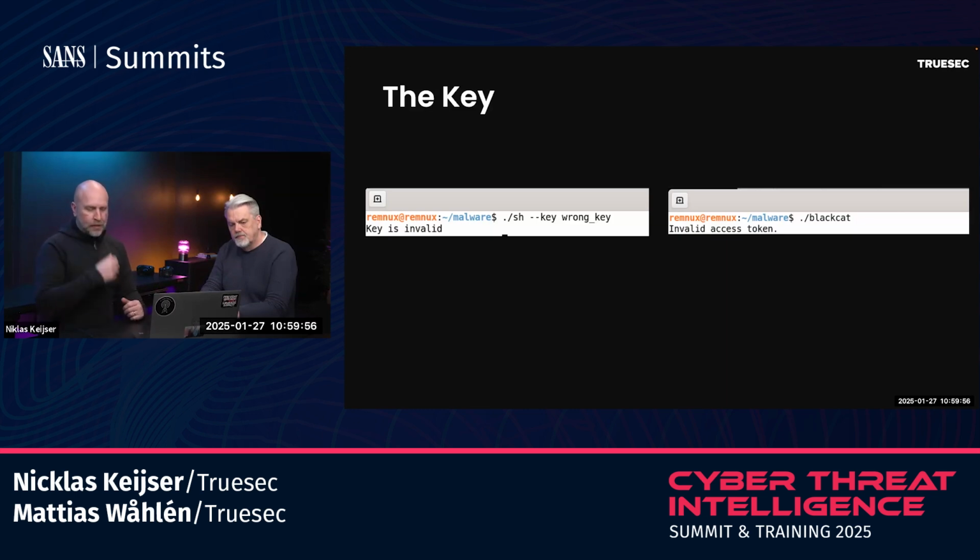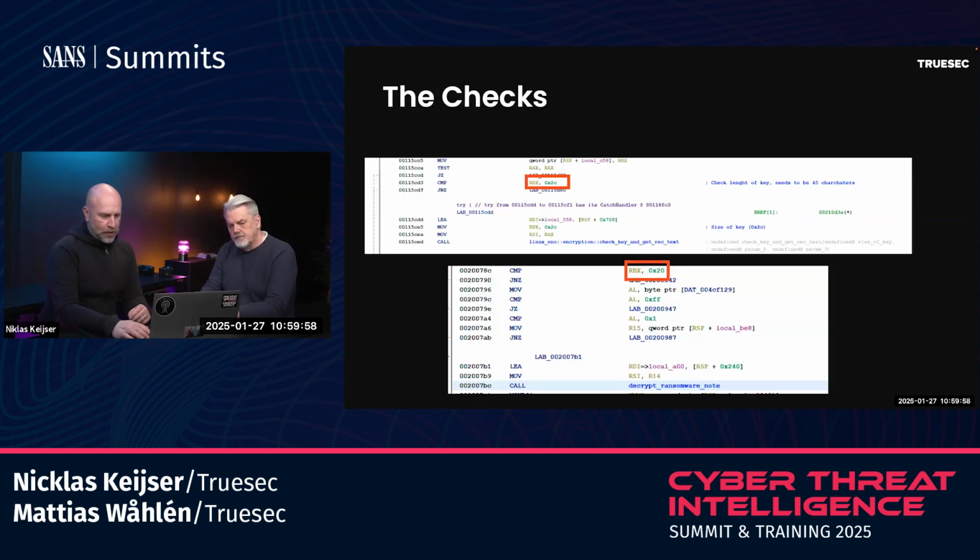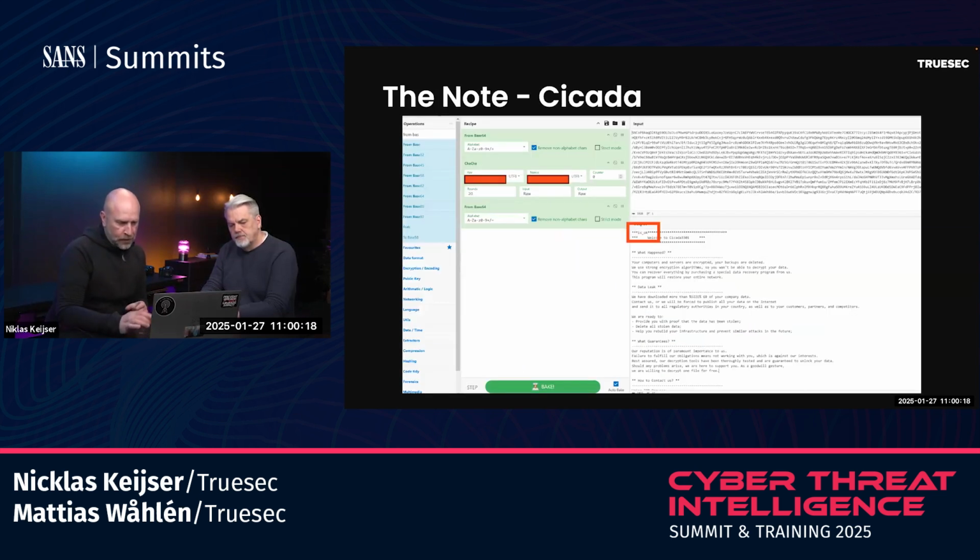If you provide the correct key, the first thing it does is compare the size of the key. The top one is Cicada, the bottom one is BlackCat. It compares the sizes, so the key needs to be a specific length, and that key is actually a decryption key.